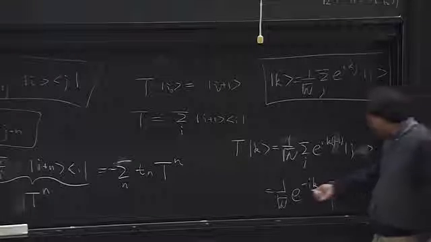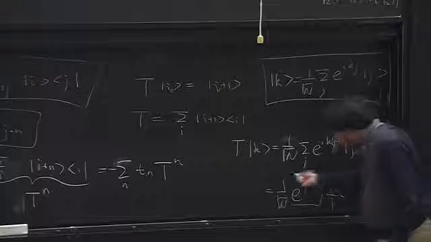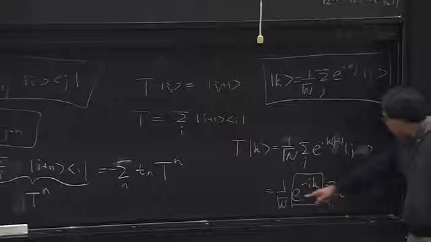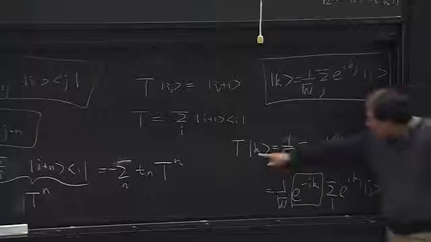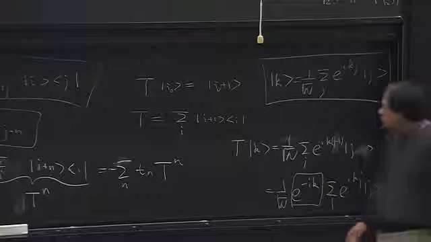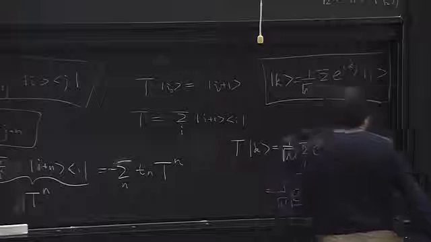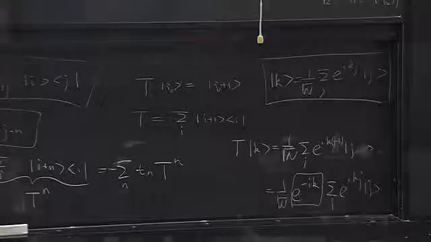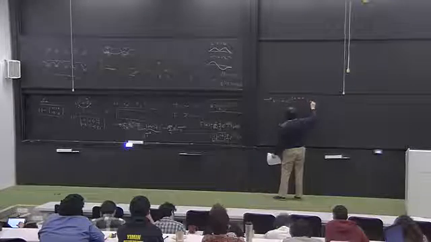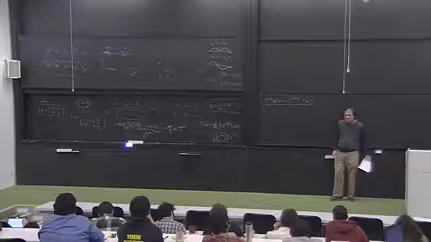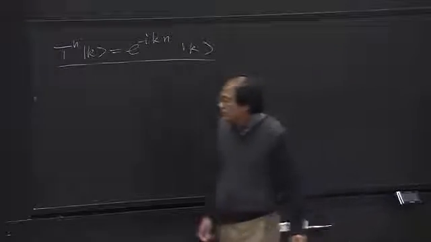So the eigenvalue is e to the minus i k. In general, T to the n on |k> equals e to the minus i k n times |k>, if you shift n times.